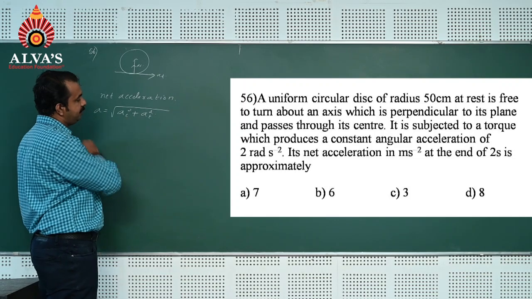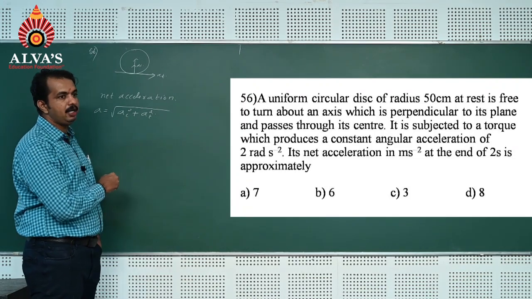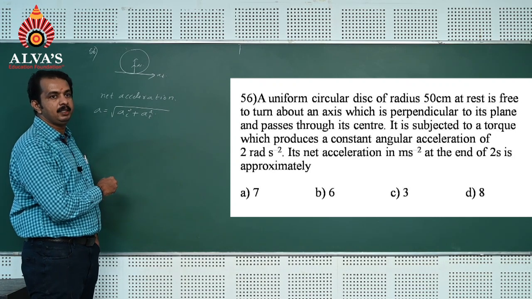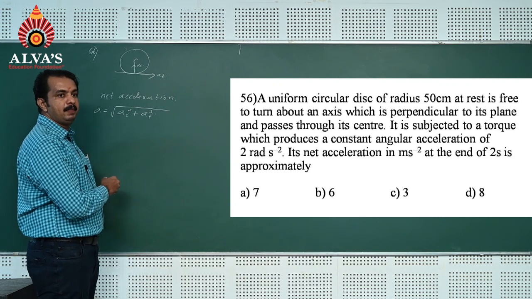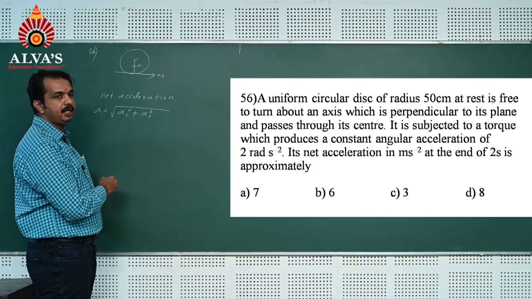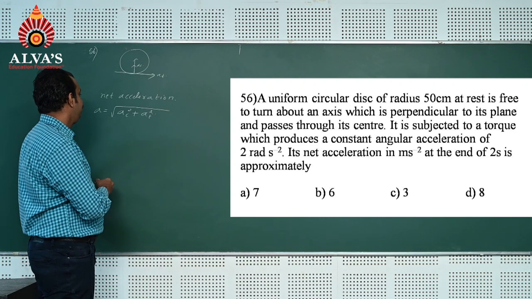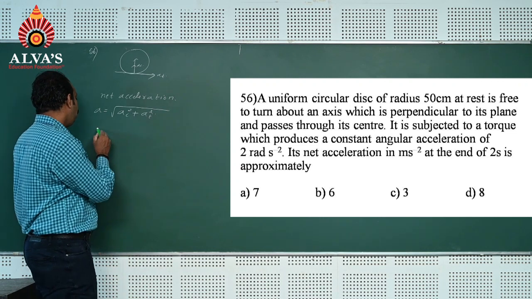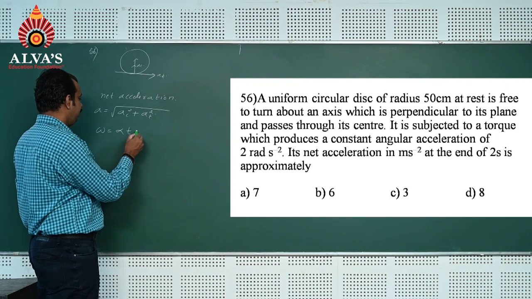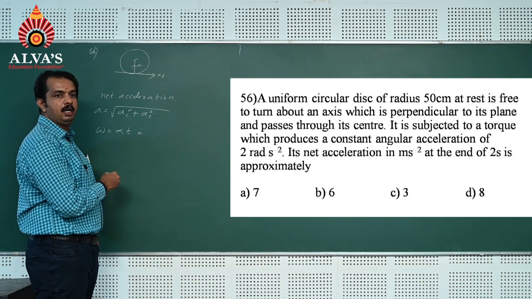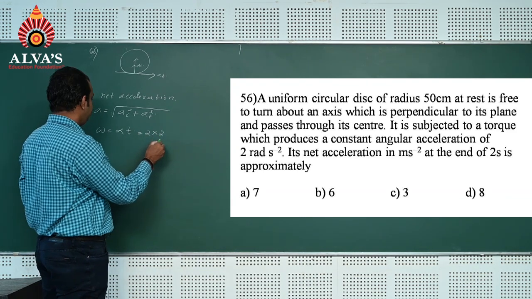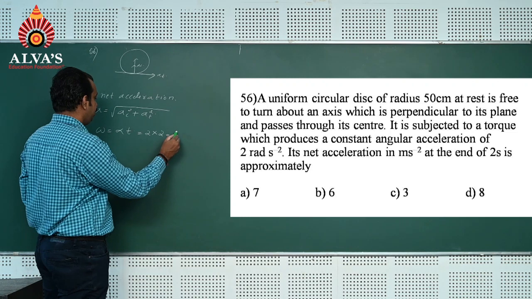AC is centripetal acceleration. To calculate centripetal acceleration, we need the value of omega. So here the question asks, at the end of the 2 seconds, what is the net acceleration? So omega can be found by using the formula alpha into t, where alpha is 2 radian per second square, at the end of 2 seconds, which is equal to 2 into 2, which is equal to 4 radian per second.